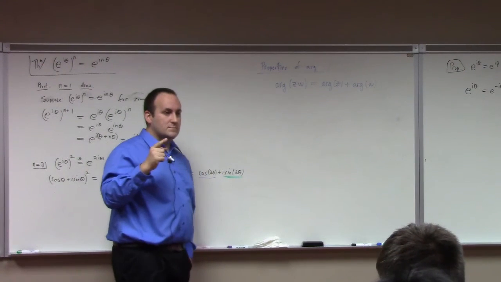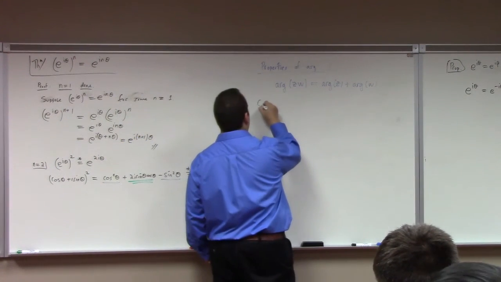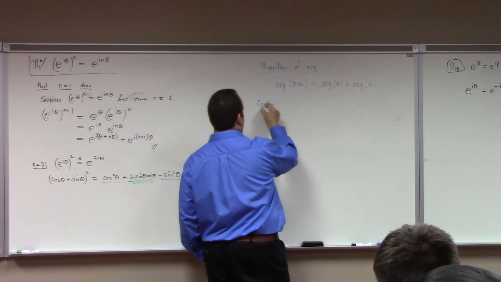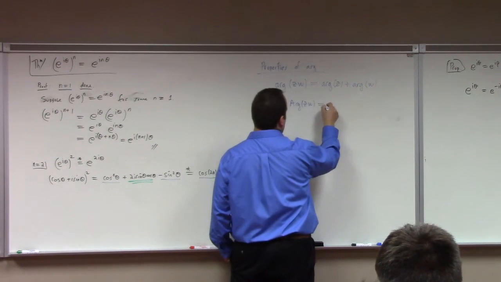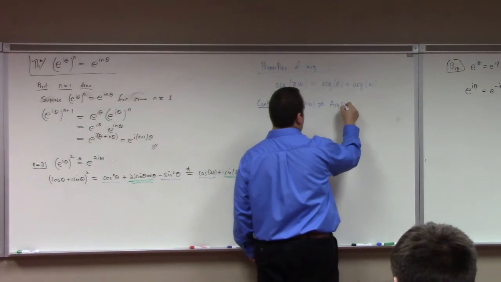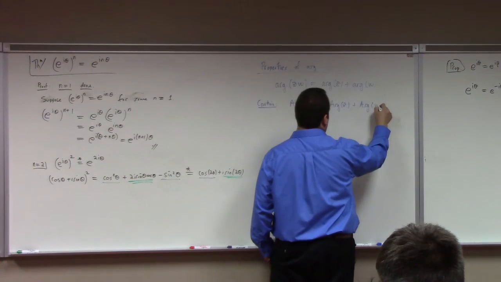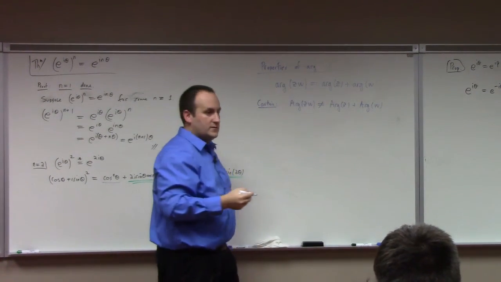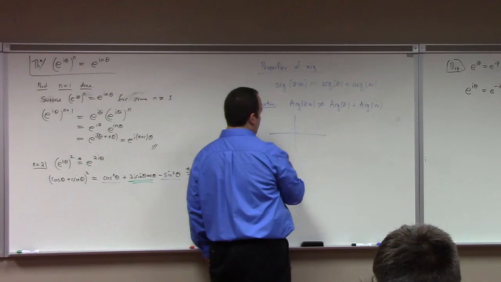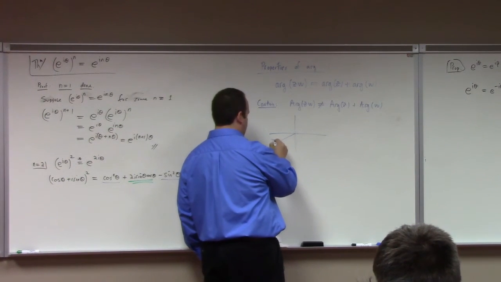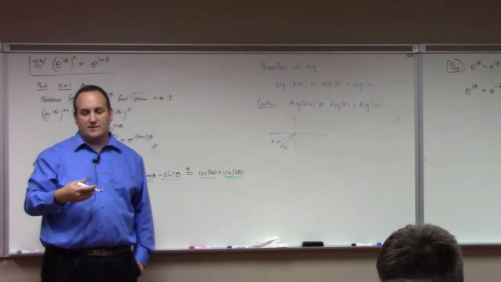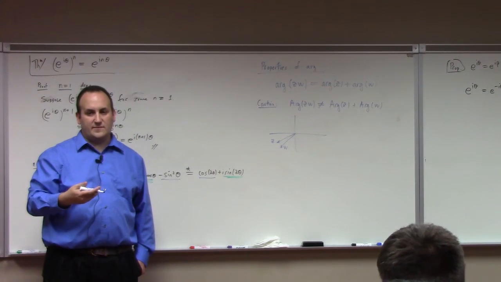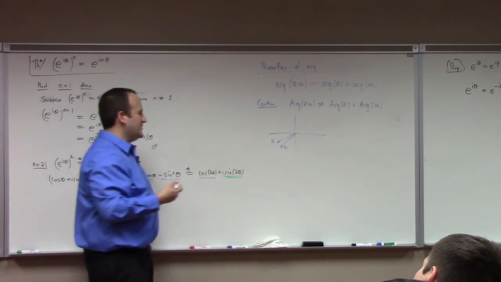However, what is not true is that the argument, the capital Arg, is not generally equal to the argument of z plus the argument of w. All right? For example, if I have z like this, and if I have w like that, if I take the argument of z plus the argument of w, I'll get something larger than, why did I put them over here?